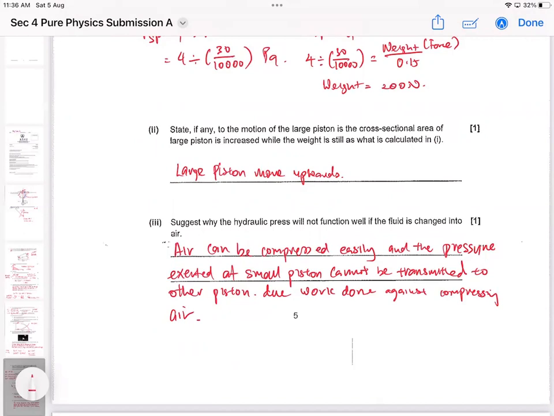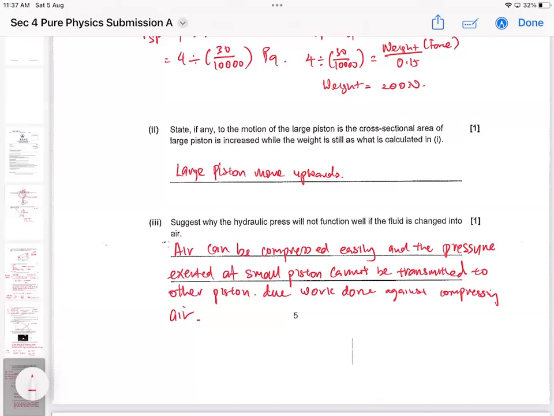So there is no transmission to the larger piston side. That's why the larger piston, if there's still some energy left after the compression, will lift up a lot lesser. But if there's no energy left after compressing the gas, then the piston doesn't even move at all. Okay, so this energy loss, we call it work done against compressing the air.